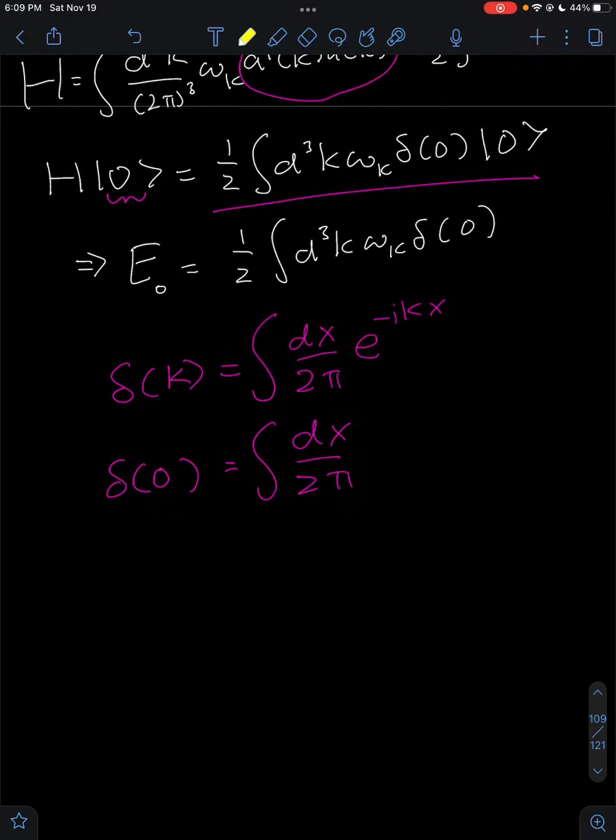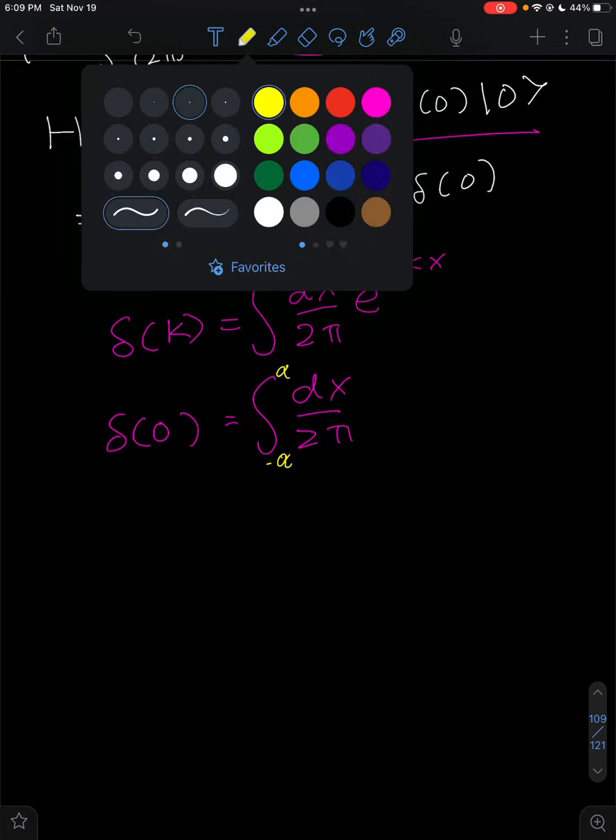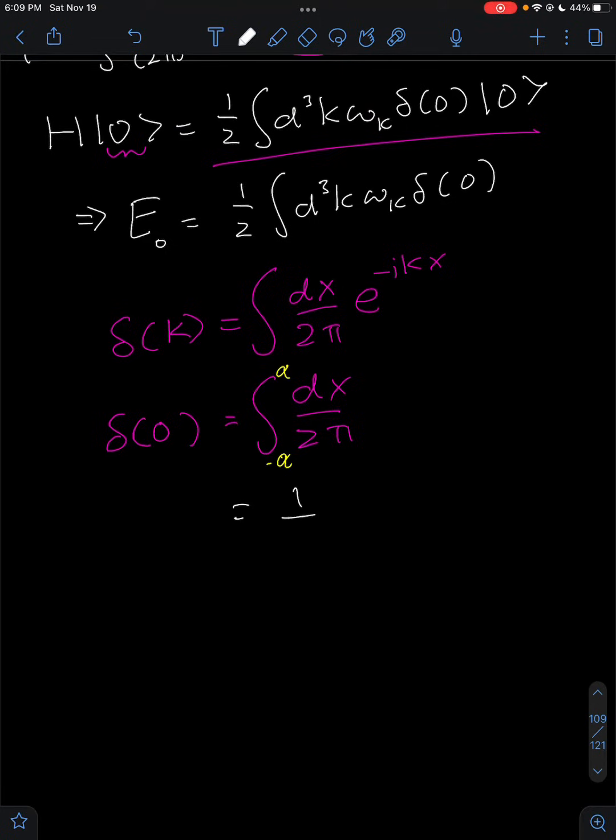So usually we'd be integrating over all of space, but instead what we are going to do is integrate over some finite volume, like minus alpha to alpha. Therefore, this entire integral just comes down to 1 over 2 pi times the integral from minus alpha to alpha of dx.